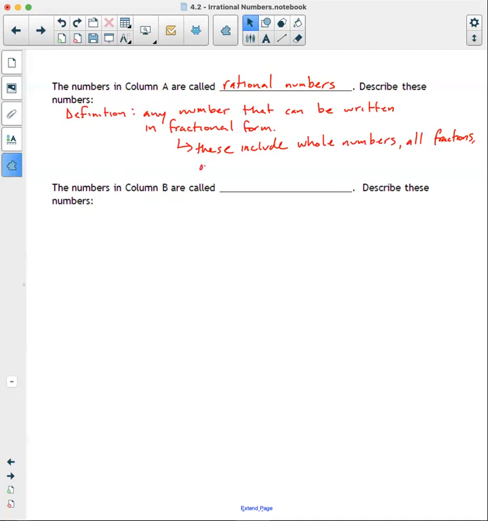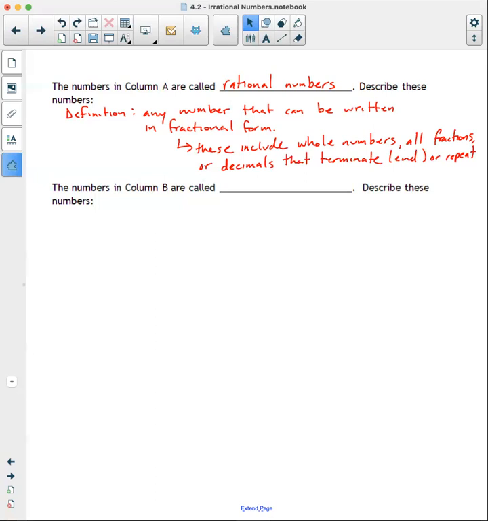Terminate means end. Or repeating decimals. Okay, so rational numbers are any number that can be written in fractional form. These numbers include whole numbers, all fractions, or decimals that terminate or repeat.